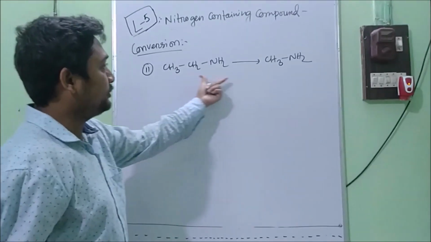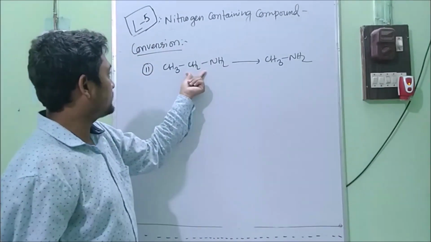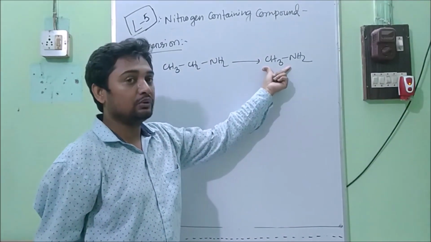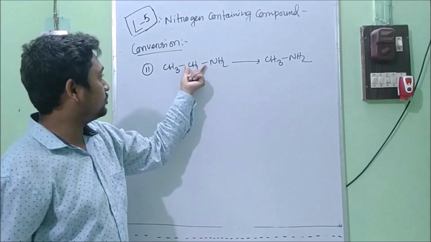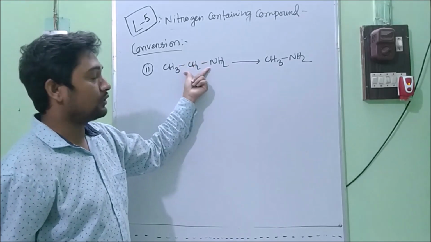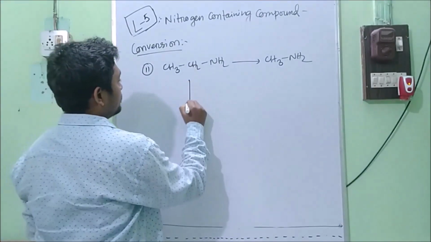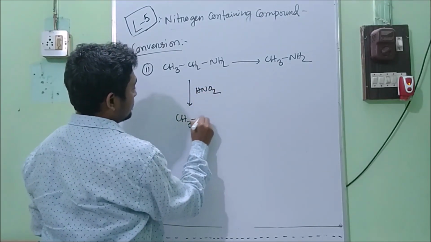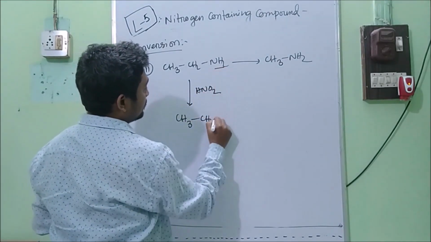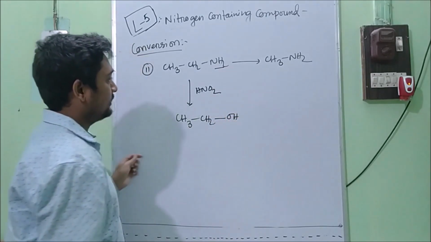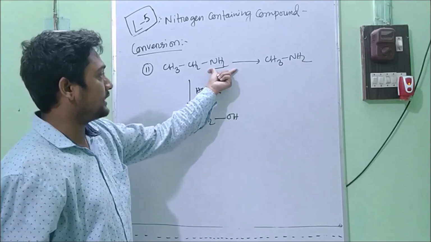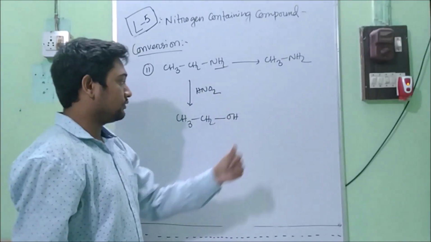Second one, ethylamine to methylamine. There are 2 carbons and there is 1 carbon. So now look how I am reducing 1 carbon from this structure. If we use HNO2, then this NH2 group will convert into OH. The use of HNO2 always converts NH2 group into OH group.